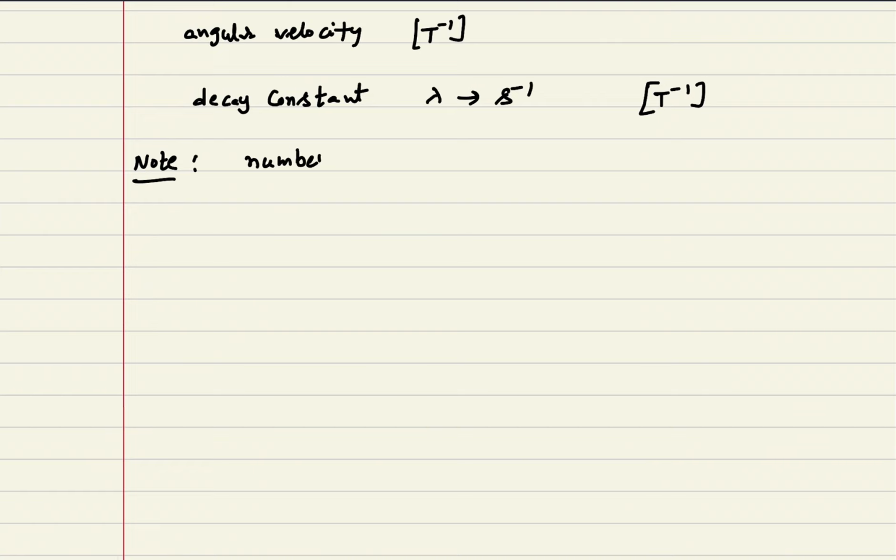I am writing numbers like 1, 2, 3. Angles like 30 degrees or 90 degrees, pi radian, pi by 3 radians, 2 pi by 3 radians will not have any dimensions.